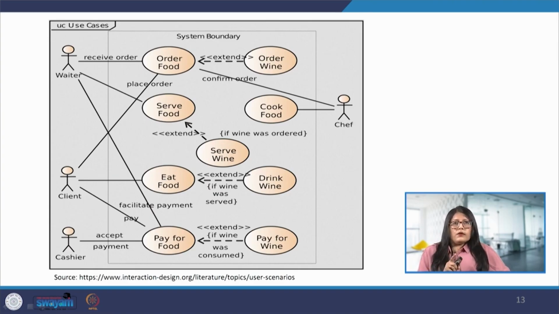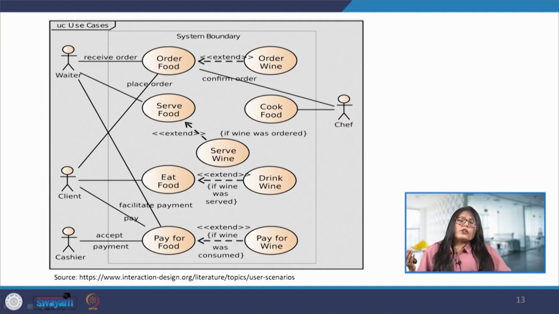So, we can see here that the trigger to initiate an action is when the subject places an order for food, and the main flow is that the waiter receives this order and proceeds to provide this to the cook for further action.